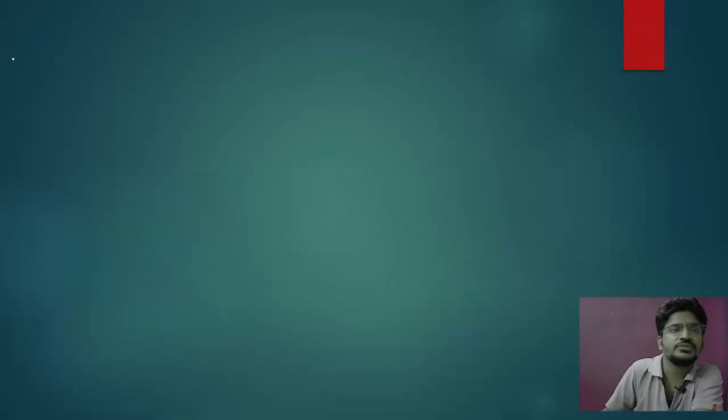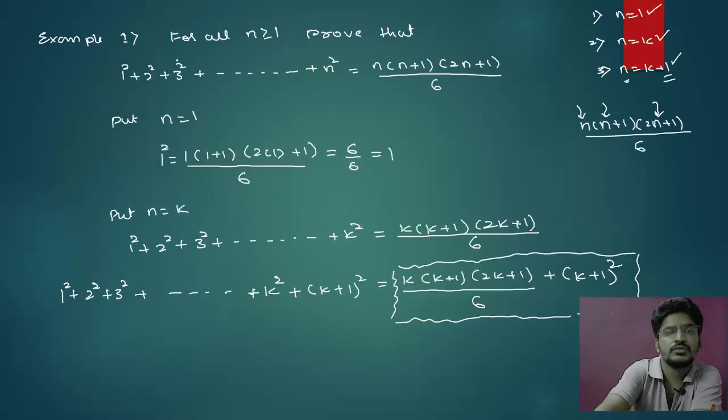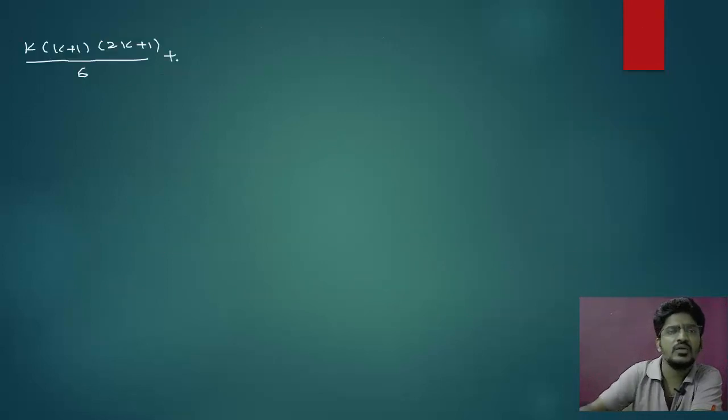That is, now we have to solve k into k plus 1 into 2k plus 1 divided by 6 plus (k+1) whole square.